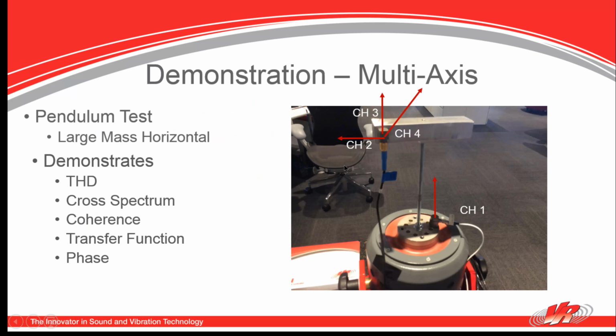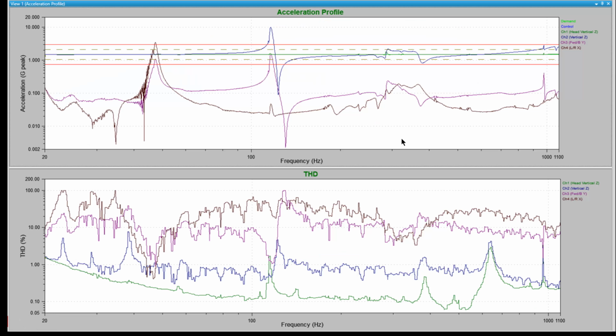We did this same demonstration with what we call the pendulum test, this mass, and we would expect some vibrations in the various axes. And so we ran the test, and here we have plots of the THD of all 4 channels. When all 4 are on, it becomes a little messy, but you can, with the different colors, identify how the various axes are comparing.